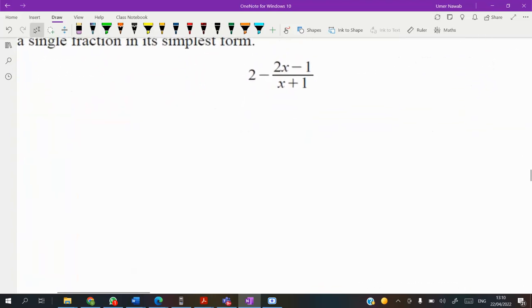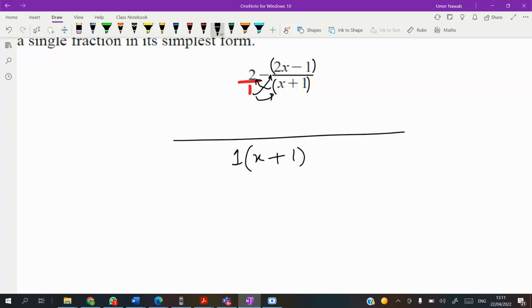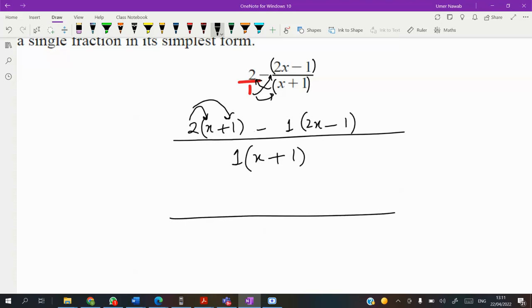Oh, great. We have a single number. 2 is a whole number, so any whole number can be written in the form of a fraction by writing 1 in the denominator. Now repeat the same procedure by putting the brackets on if you have more than 2 terms in numerator or denominator. So multiply here, multiply this. So 1 is going to multiply with x plus 1. 2 is going to multiply with x plus 1 minus, and 1 here is multiplying with 2x minus 1. Now open the brackets.